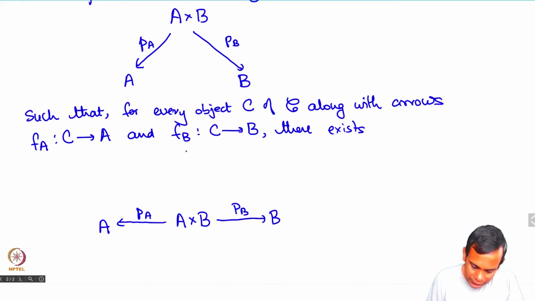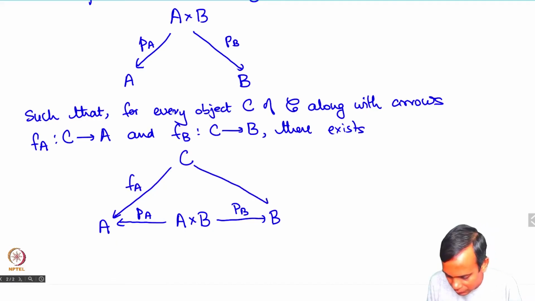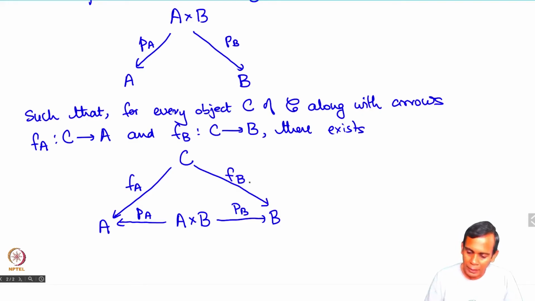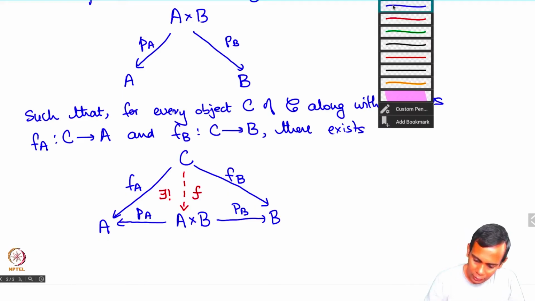And we have this object C, and we are given arrows f subscript A from C to A and f subscript B from C to B. And what we want to say is that there exists a unique arrow f from C to A cross B. So let me write it out explicitly.